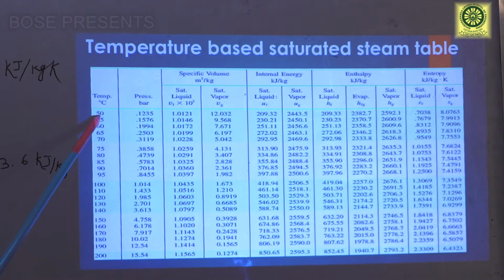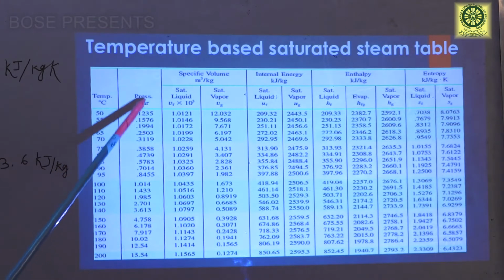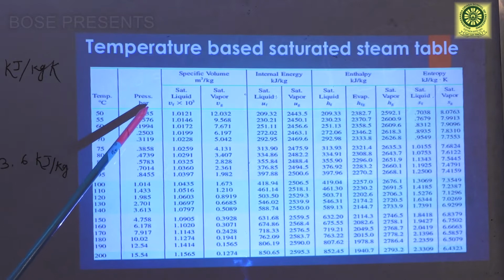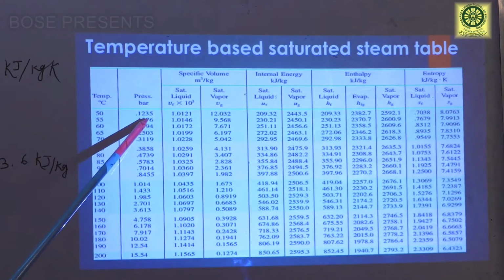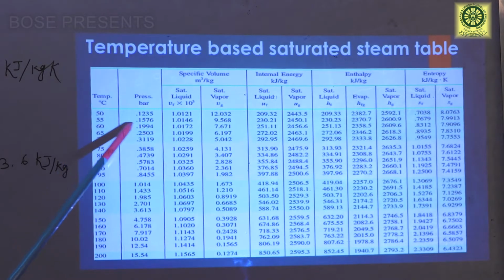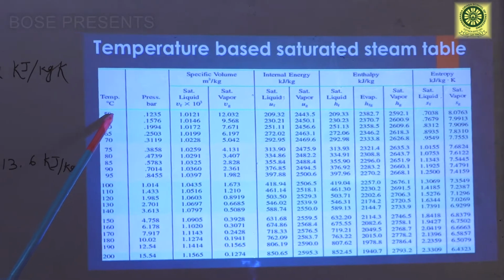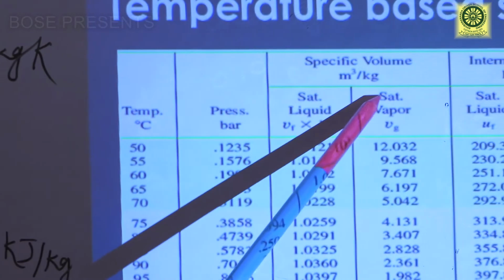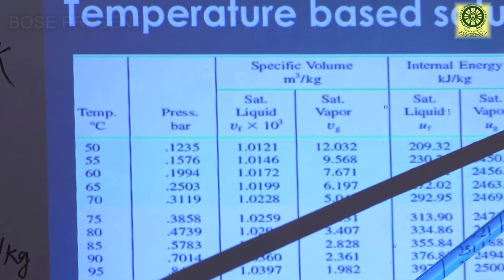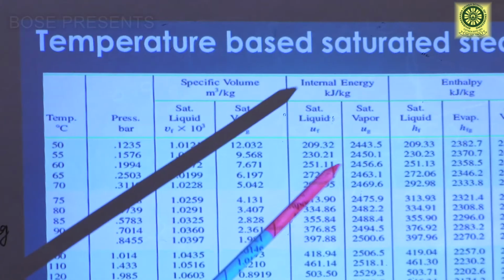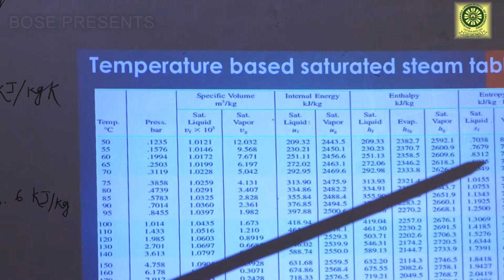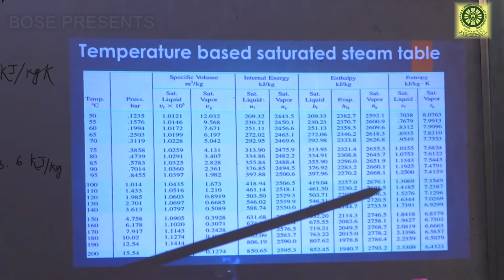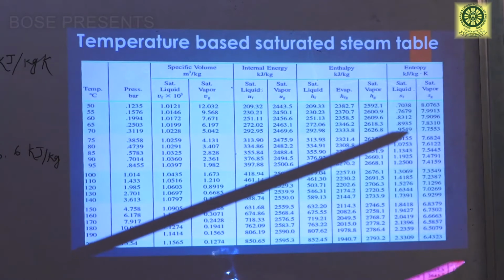So here you can see for 50 degree centigrade temperature your pressure is 0.1235 bar. This is its saturation pressure for 50 degree centigrade, and similarly for 50 degree centigrade the other properties are written. For example, specific volume, internal energy, enthalpy, entropy. All these properties are in specific terms, which means all these properties are written per kg, per unit mass.